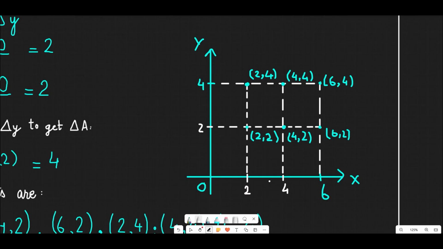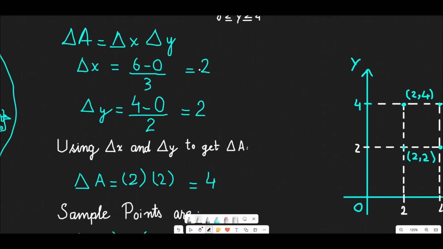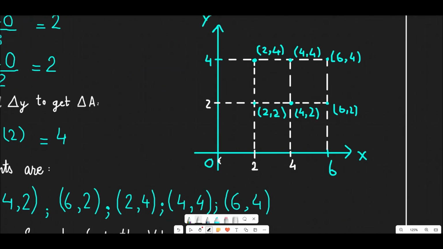After dividing this into three intervals, the length of every subinterval would be 2, as we have calculated delta x is equal to 2. This is our delta x, the length of our interval, and this is our delta y.